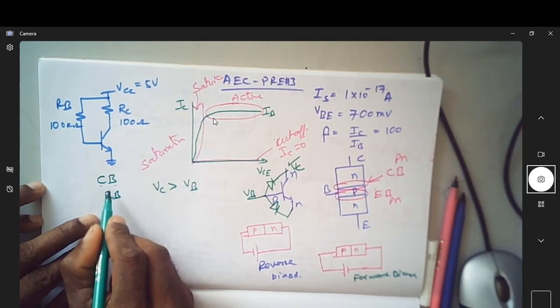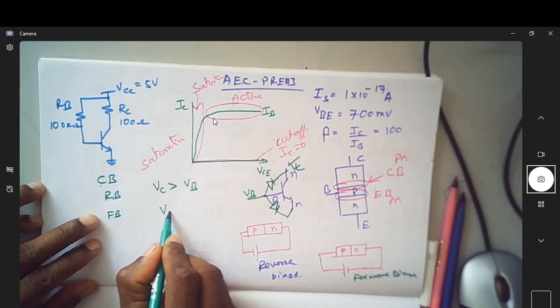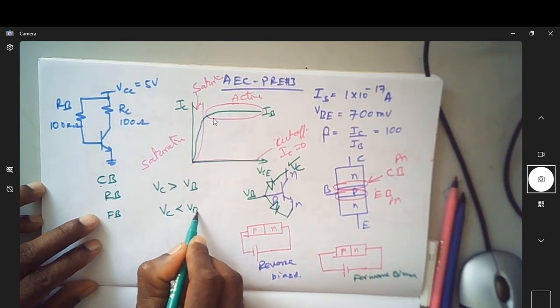Now, the same collector-base junction will be forward biased if the voltage at the collector is less than the voltage at the base.